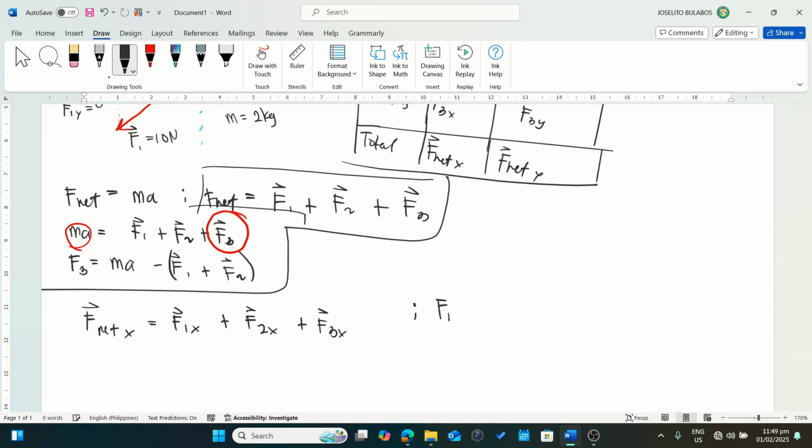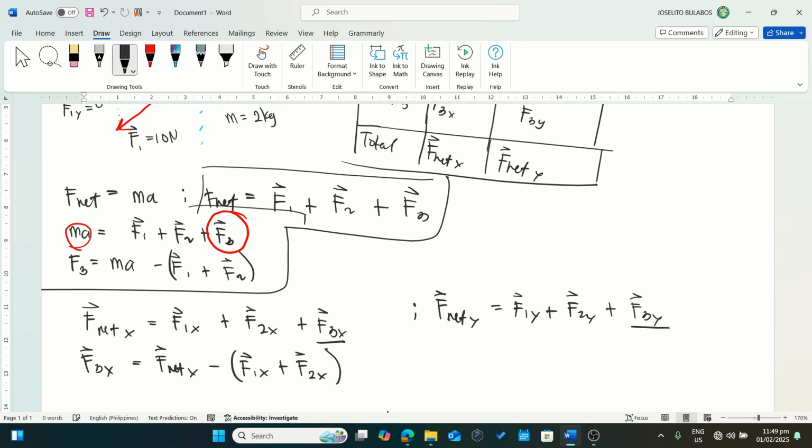Same goes for our F net Y, which is F1Y plus F2Y plus F3Y. Now let us rearrange the equation and solve for F3X and F3Y. So we'll end up with F3X will be F net X minus F1X plus F2X.